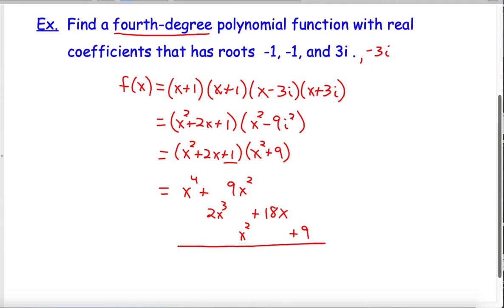So, not many like terms here. So my final answer is x to the 4th plus 2x cubed plus 10x squared plus 18x plus 9, unless I made a mistake. And let me check. I don't think I did.